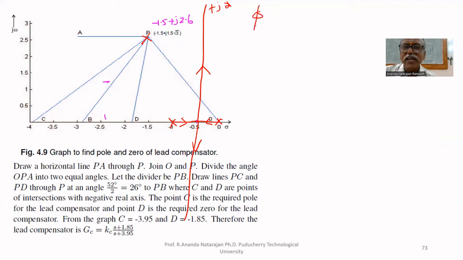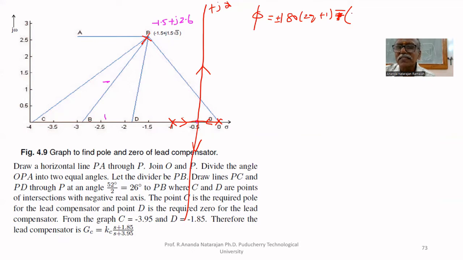Angle of deficiency phi equal to 180 minus 180, or we have to get a positive angle. That's why plus or minus 180, 2q plus 1, plus the angle made by... angle deficiency means we have to subtract.